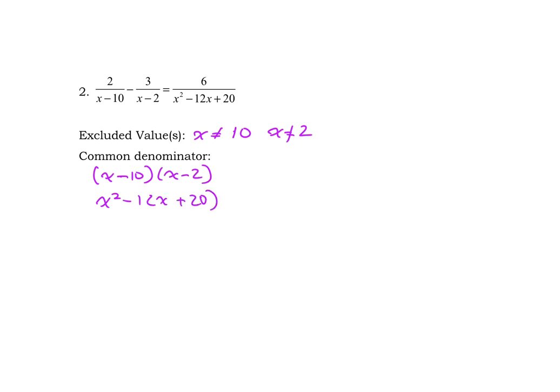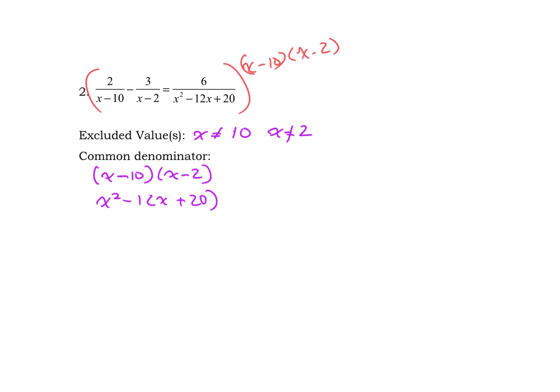Now what we're going to do is multiply each of these three fractions by that common denominator. And so when I do that and I think about distributing, I have x minus 10 and x minus 2. When I look at that first one, it's got an x minus 10, so I'm going to get rid of that x minus 10.